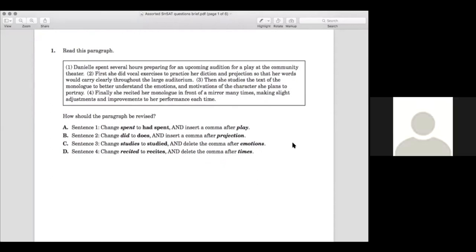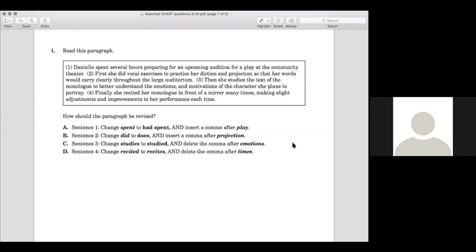Danielle spent several hours preparing for an upcoming audition for a play at the community theater. First, she did vocal exercises to practice her diction and projection so that her words would carry clearly throughout the auditorium.